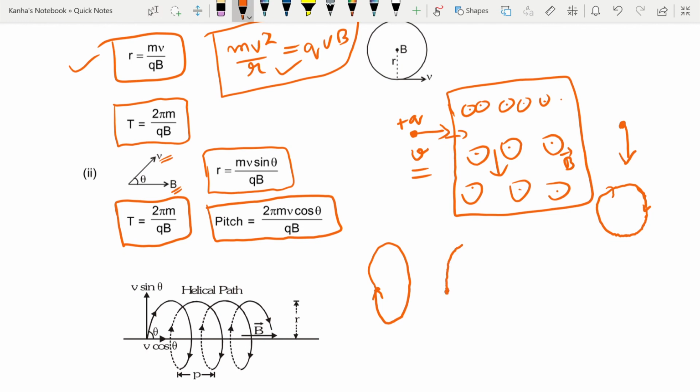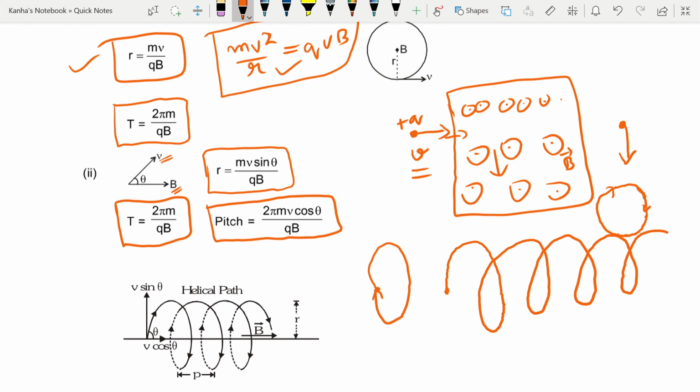It starts to change its direction due to the magnetic force. Okay, but it keeps on moving in the other direction as well. So there is a constant velocity in the other direction, and there is circular motion in the other direction. Due to this, it takes a helical path.